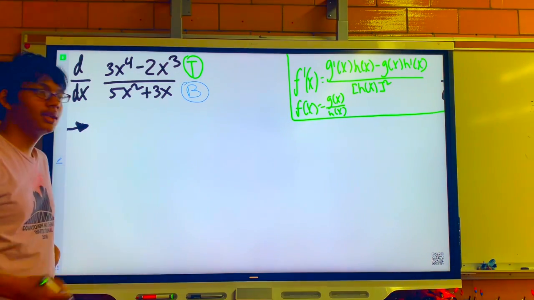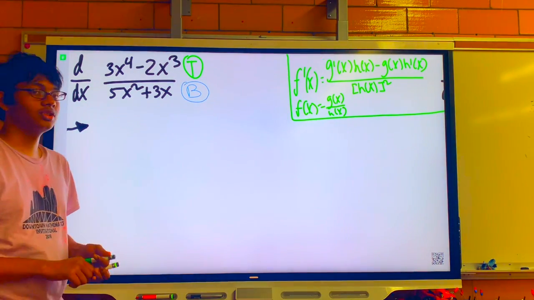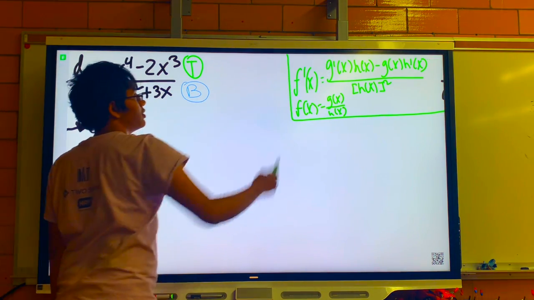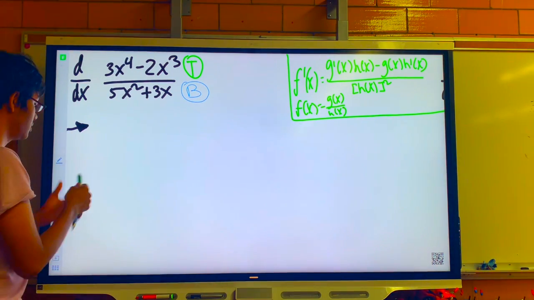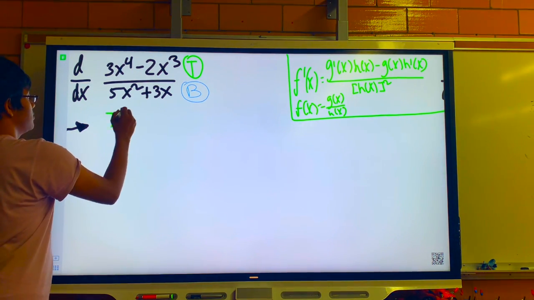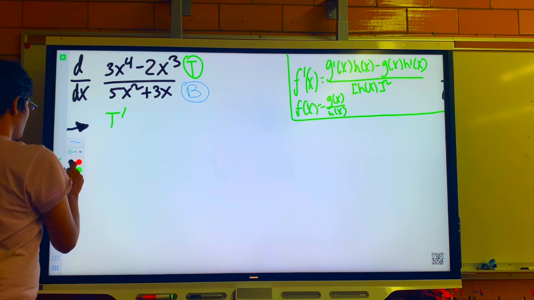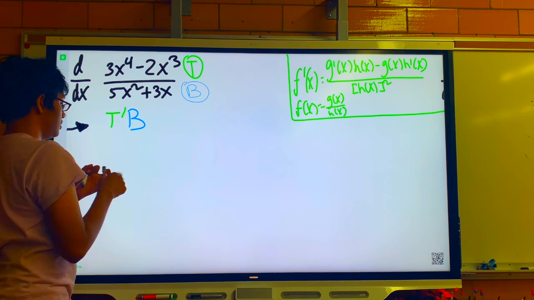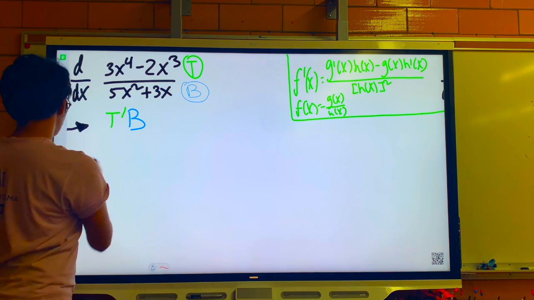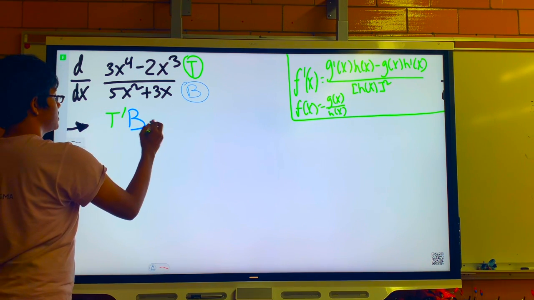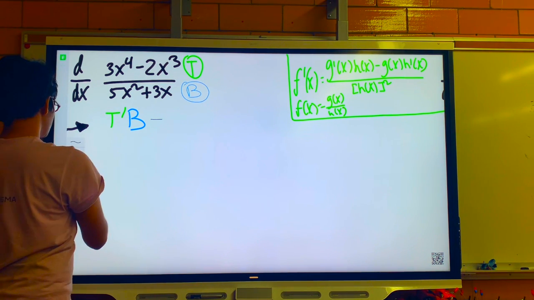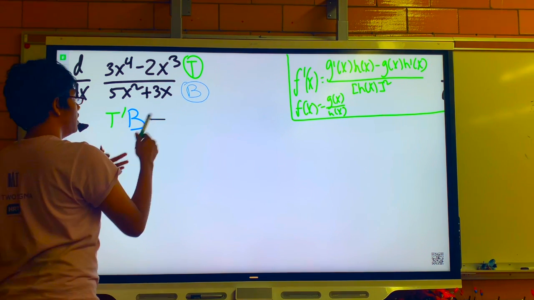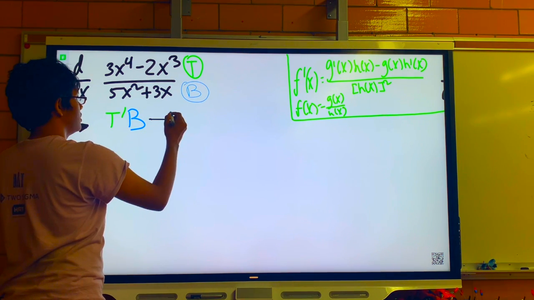Okay, so let's go ahead and evaluate the derivative of this function. How do we do that? Well, begin by evaluating the derivative of the top function. So we're going to write t prime times b minus the derivative of the bottom, right?